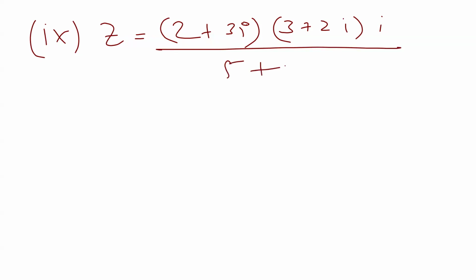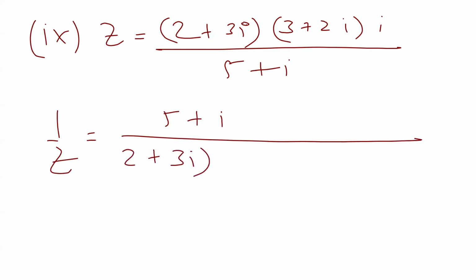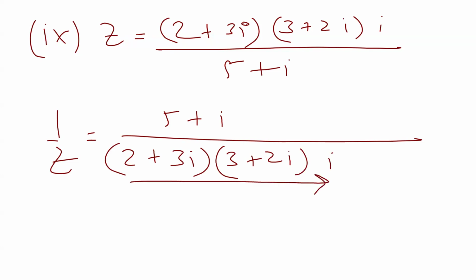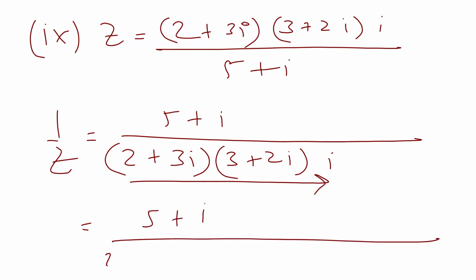So 1 upon z is the reciprocal of this: (5 plus i) upon (2 plus 3i) into (3 plus 2i) into i. Okay. Now first we'll multiply all the terms in the denominator over here. So this will be (5 plus i) upon [2 into (3 plus 2i) plus 3i into (3 plus 2i)], the whole multiplied with i.